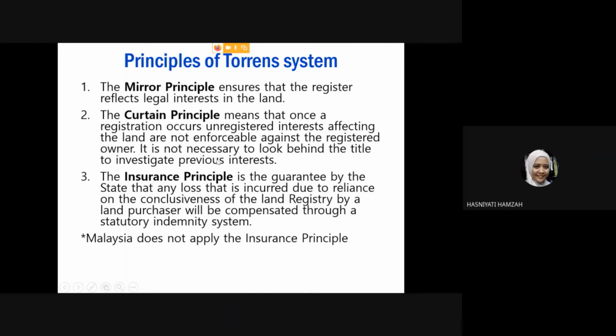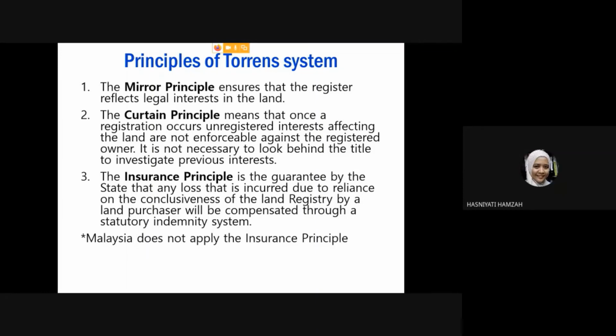For example, a land just now has been sold to another. A is the owner of this land. A sells his land to B, but he only sells, but never registers the Form 14A.